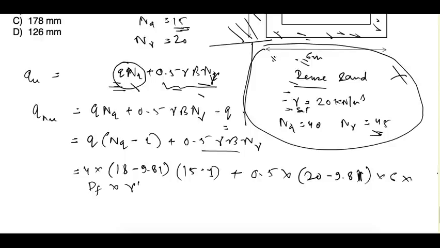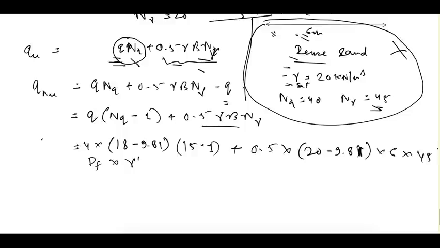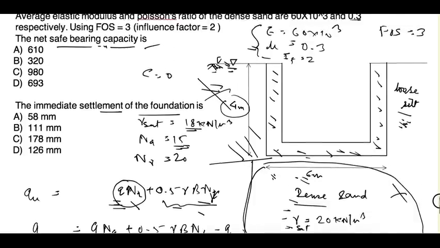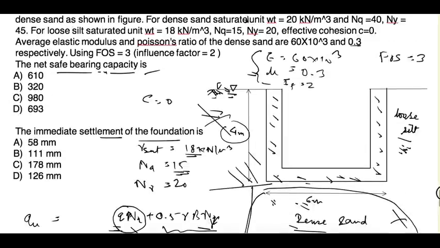N gamma we will take as 45. From this we will get the net ultimate bearing capacity, and we have to find the net safe bearing capacity. So net safe bearing capacity, qns, is equal to q net ultimate divided by the factor of safety, which is given as 3.